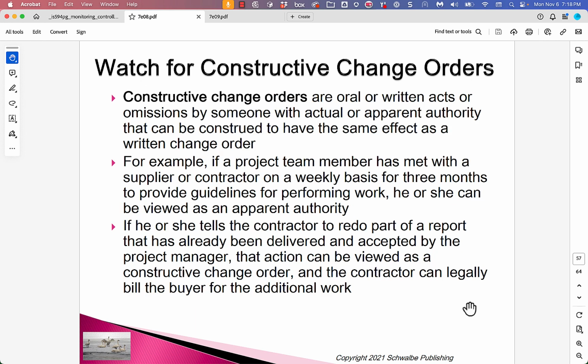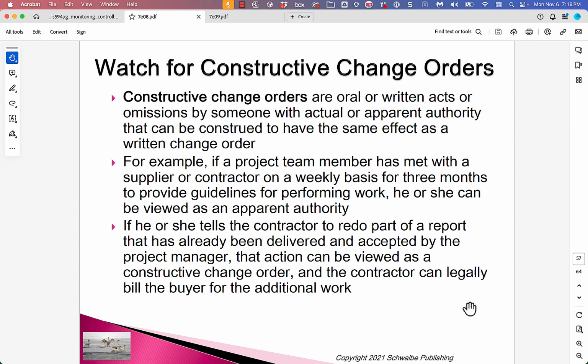Now, watch for constructive change orders. This is a pretty important thing, okay? Constructive change orders are oral or written acts or omissions by someone with actual or apparent authority that can be construed to have the same effect as a written change order.